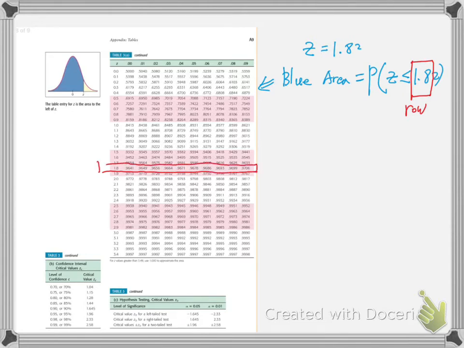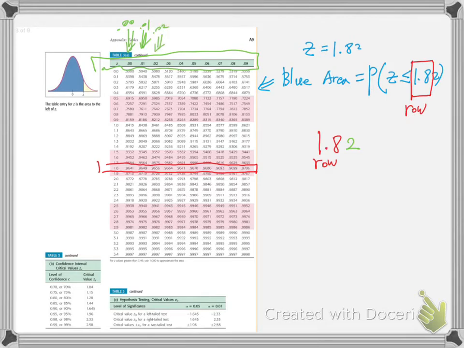We are only looking at those numbers in row 1.8. Then the second digit is 2. We use the green color because the second digit is green on the first row at the top of the table. The first row gives us the second digit of the given number: 0.00, second digit is 0; 0.01, second digit is 1; 0.02, second digit is 2.